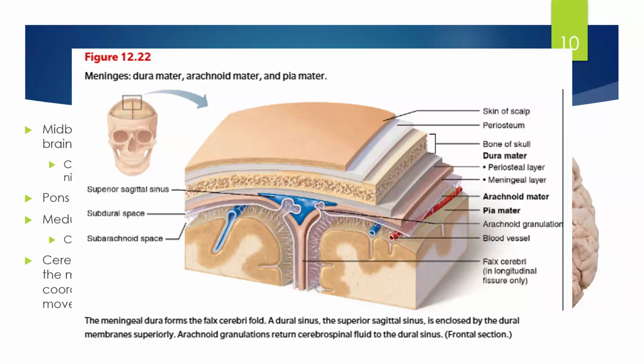Periosteum, do we remember what that is? That's the outside covering of bone. So if we look at the bone model back here, that's this portion. We also have that underneath our scalp because of our skull. So our skull, periosteum, which is the bone covering, and then our scalp.